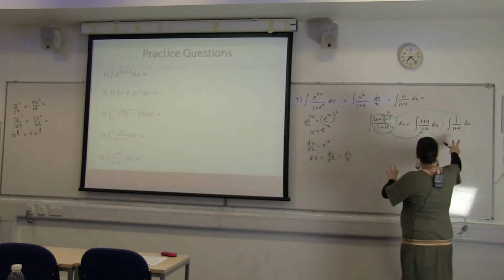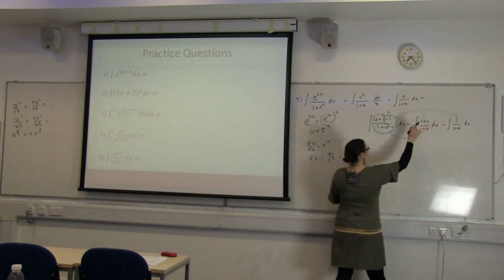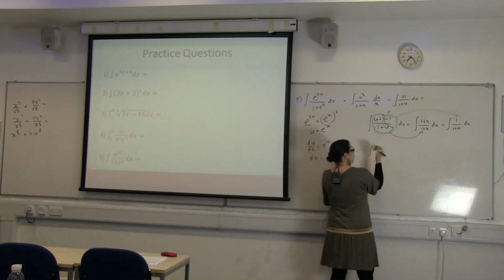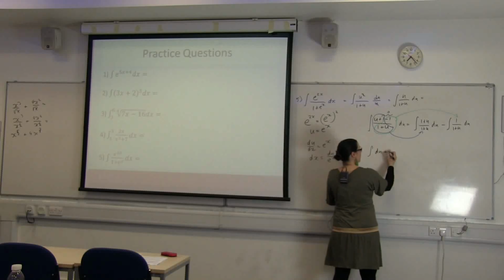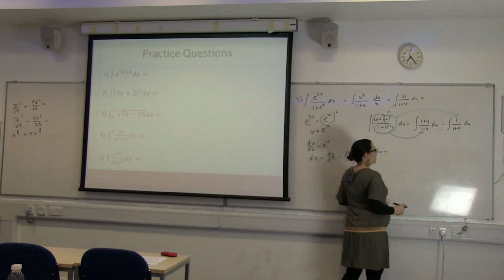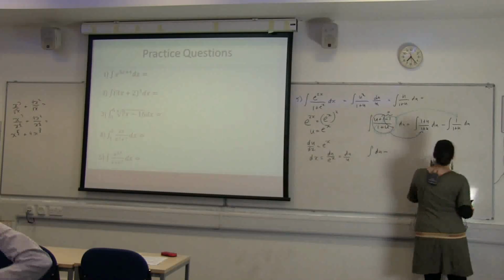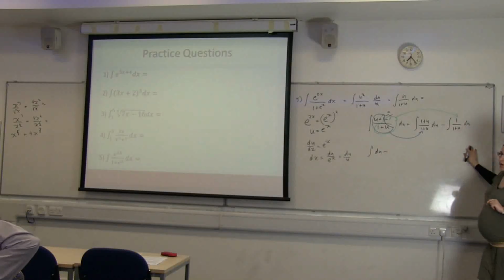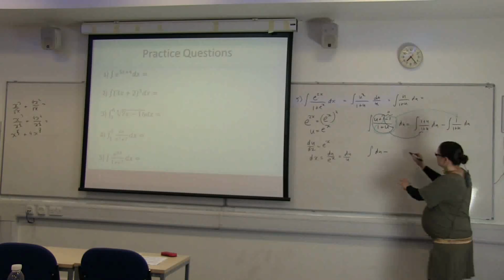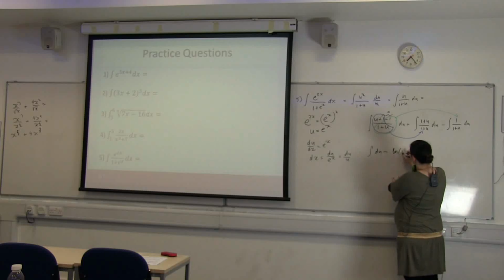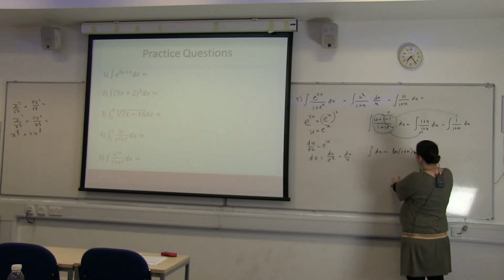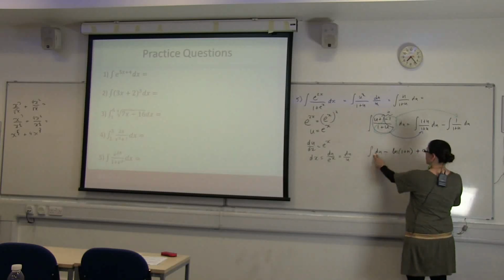Okay, so what I've got in here now, 1 plus u over 1 plus u, that is just 1. And what is the integral of 1 over 1 plus u? ln of 1 plus u, plus the c, but I forgot to do this one.